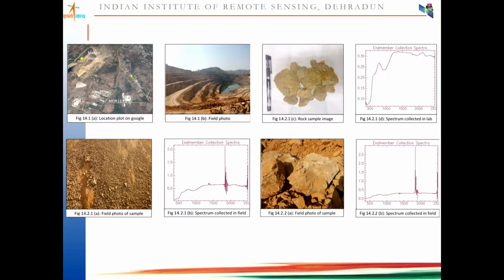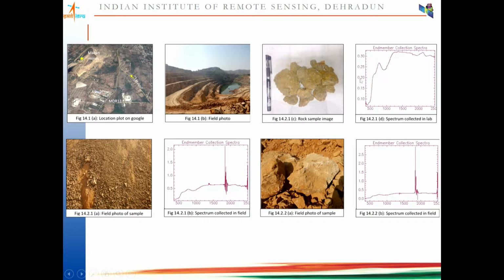But in the lab, this spectrum has been collected using the contact probe. We have kept the surface whose spectra we want to collect in contact with the instrument, and the light source is in the instrument itself, in that contact probe. So the atmospheric interaction is not there, and because of that you cannot see the noise at 1.4.